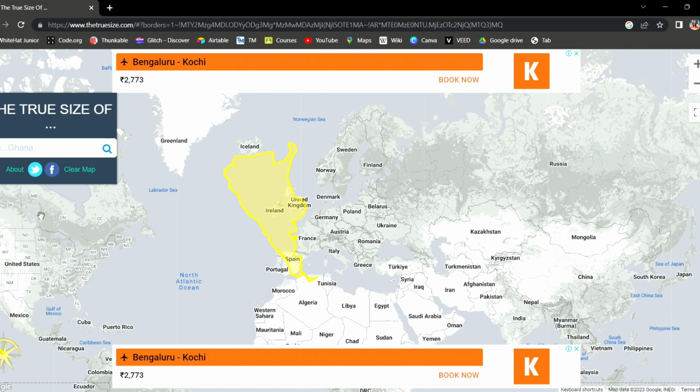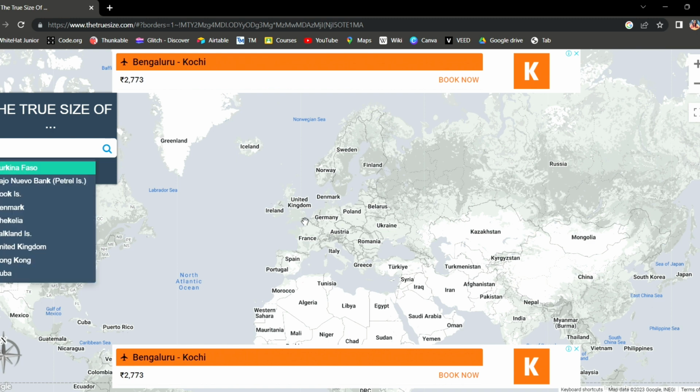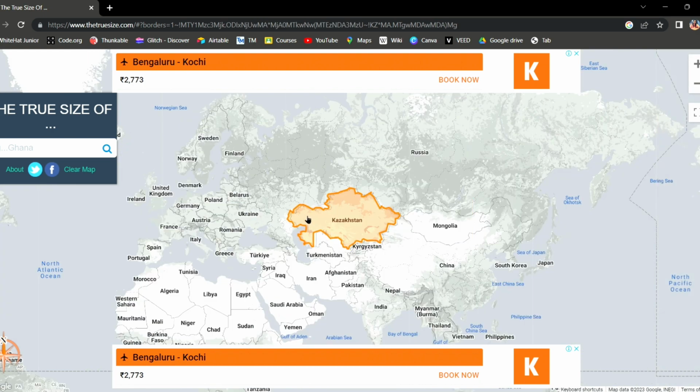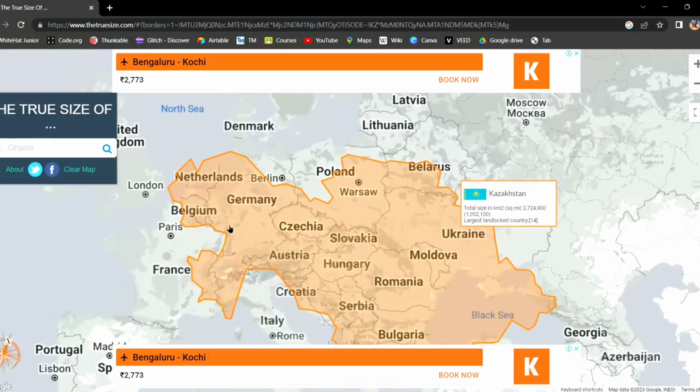Yes. These countries are much larger than you even expected on the world map. Next is Kazakhstan. This is also a pretty big country. It stretches from the UK up here to the Caucasus states.